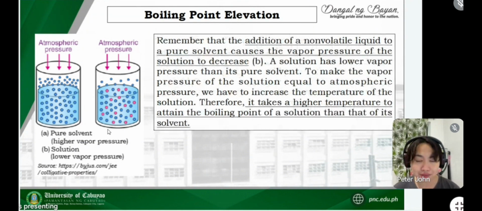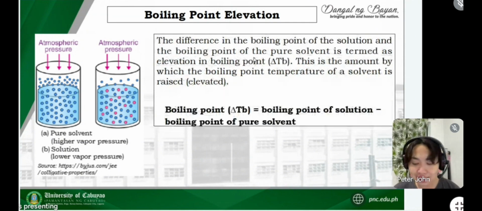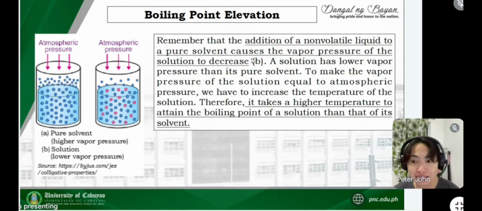Remember that addition of a non-volatile solute to a pure solvent causes the vapor pressure of a solution to decrease. This is what we said earlier.